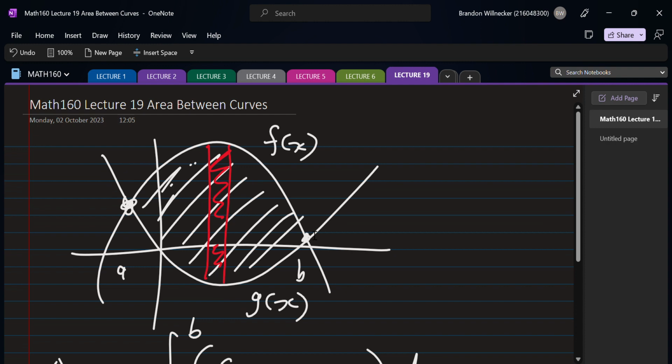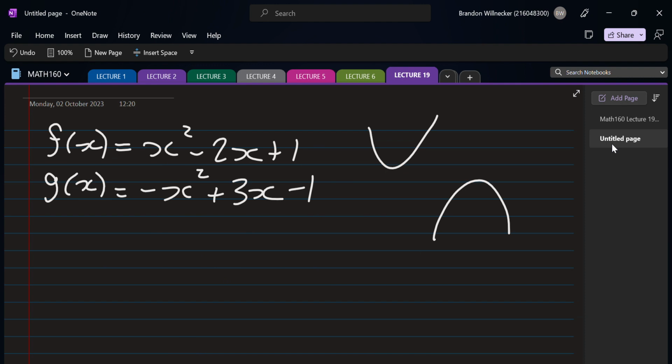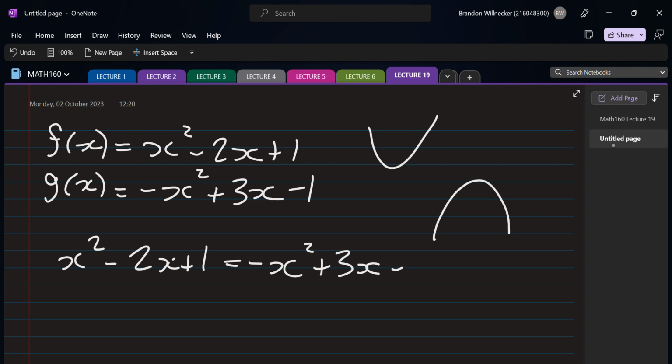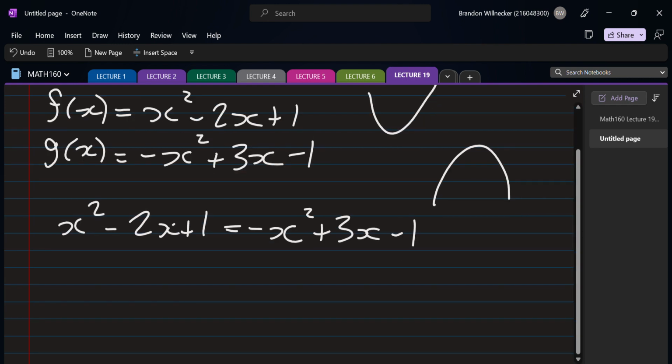So we're going to take the upper function, make it equal to the lower function. If we solve for x, that gives us a and b. Okay, so let's do that. So we're going to have x squared minus 2x plus 1 is equal to minus x squared plus 3x minus 1. Yeah, we just make them equal.